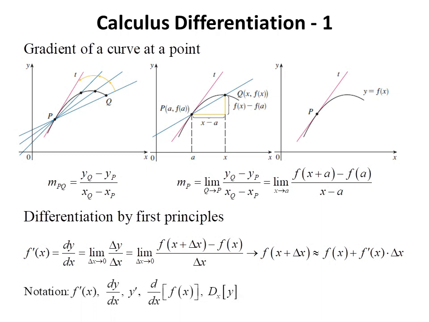Please note the notation of the derivative function f prime of x can also be expressed as dy by dx, y prime, d f of x by dx, d sub x of y in various occasions and circumstances.